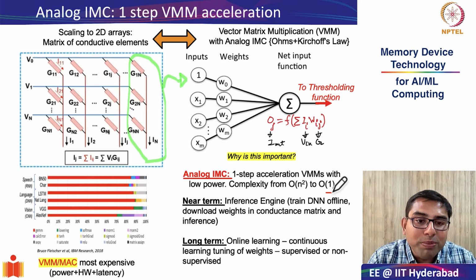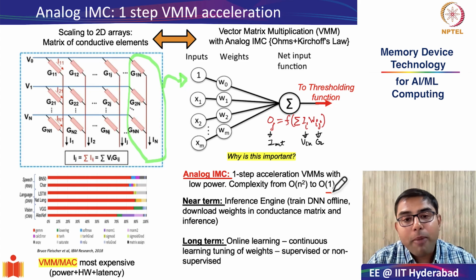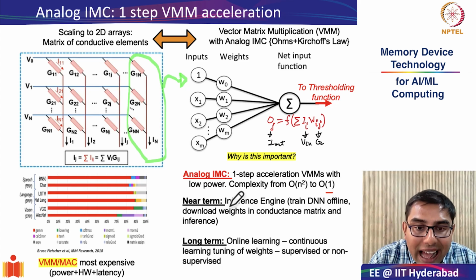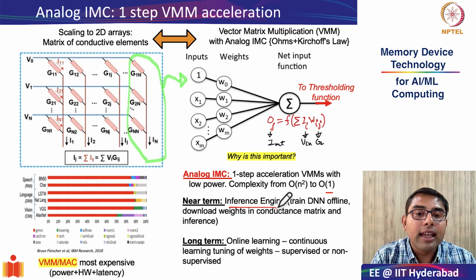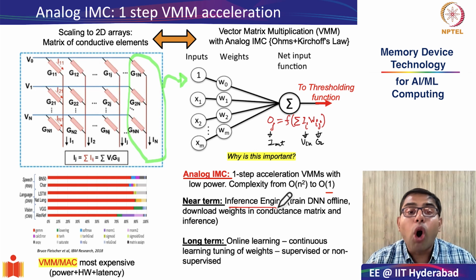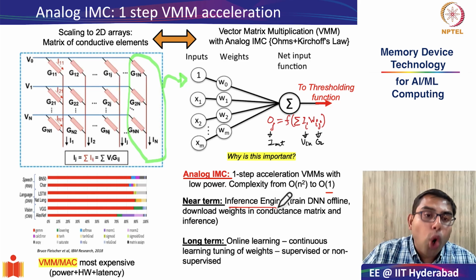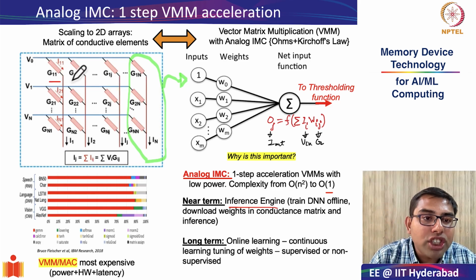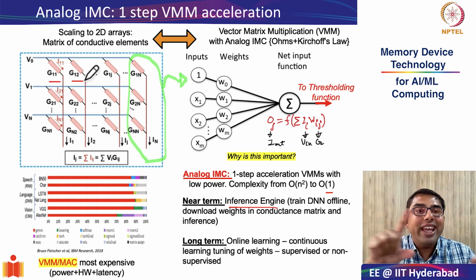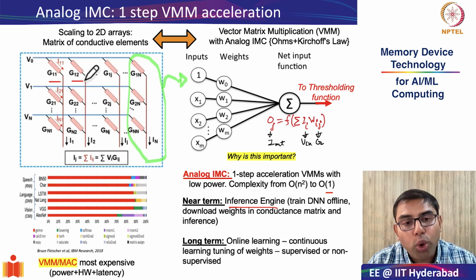So the near-term focus in analog in-memory computing is to have inference engines where you train the deep neural network offline and you load these trained weights onto this 2D matrix and simply do inference.